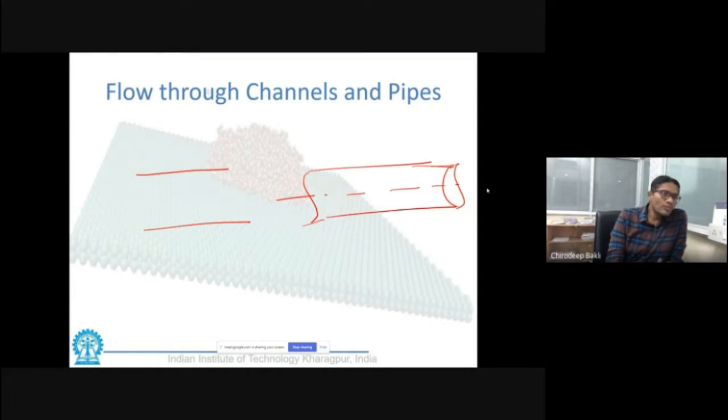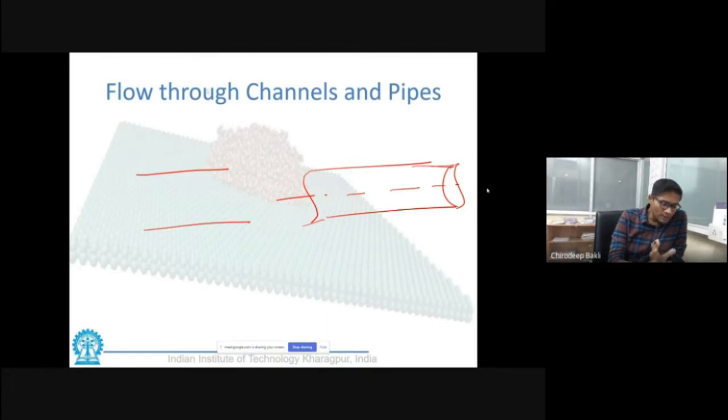So mostly mechanical, chemical, or civil engineering fluid flow analysis would deal with flow through channels and pipes, and these channels might be parallel plate channels, pipes with circular cross sections, and in certain not so common cases, these might be flow through channels with rectangular or square cross sections.